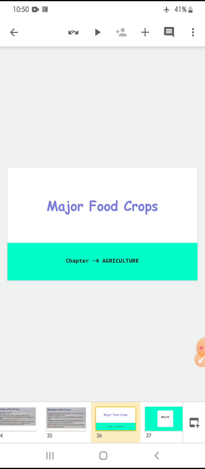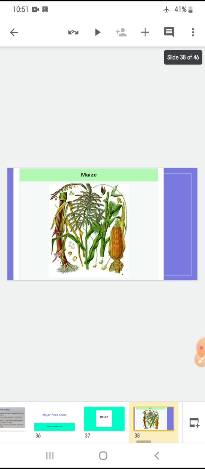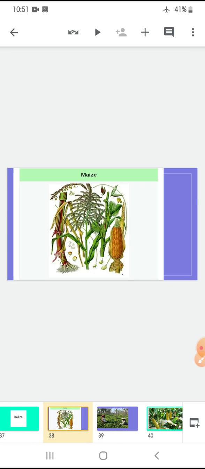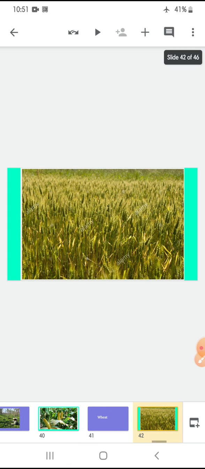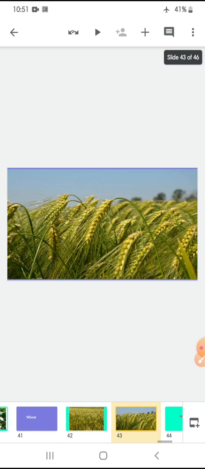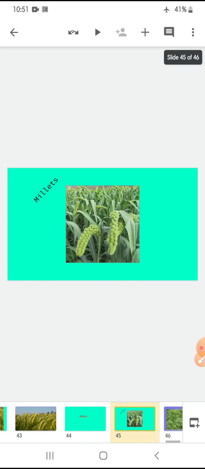Children, let's complete the portion left of this chapter. In our previous class of geography, we have covered major food crops, in which we discussed maize and then wheat, the climatic conditions, the type of farming required, then millets.